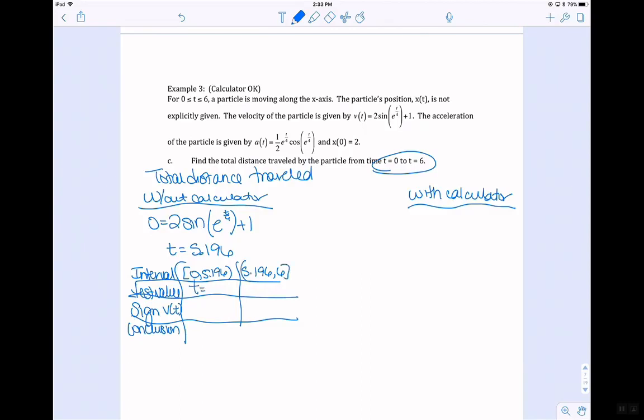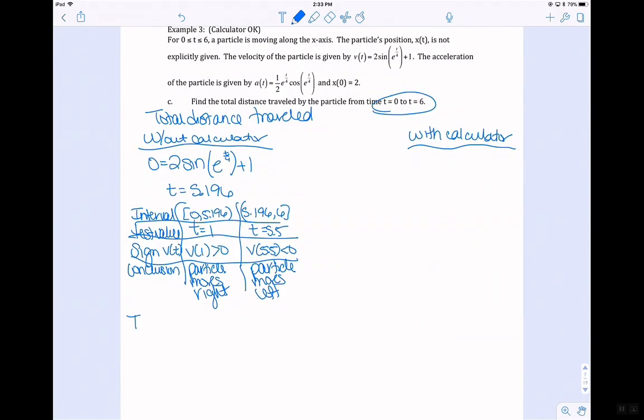Pick a test value like 1 and a test value like 5.5: v of 1 is bigger than 0, and v of 5.5 is less than 0. So the particle moves right, and then the particle moves left.